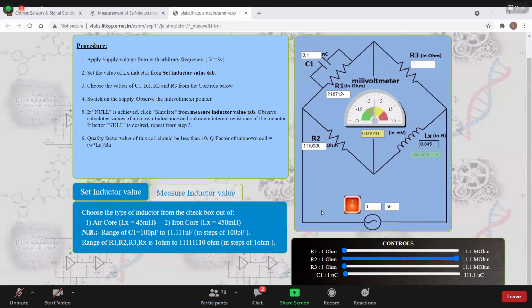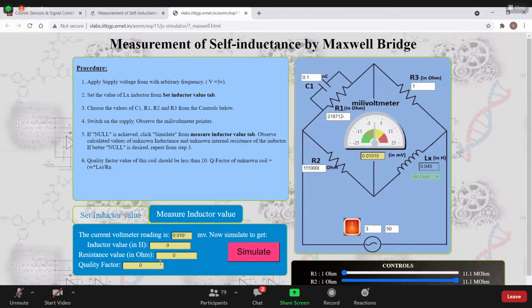CSC 58, click on the measure inductor value. Here on the left side, below the procedure, you have measure inductor value. Click on simulate.